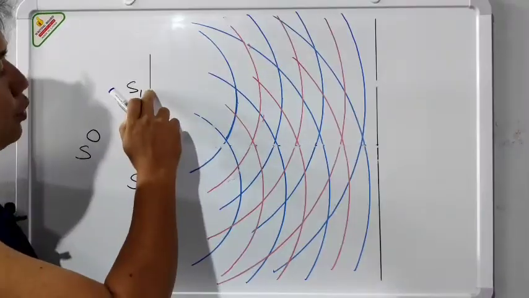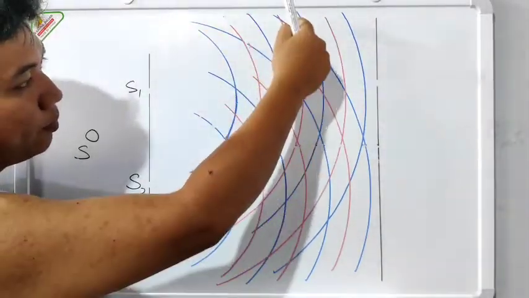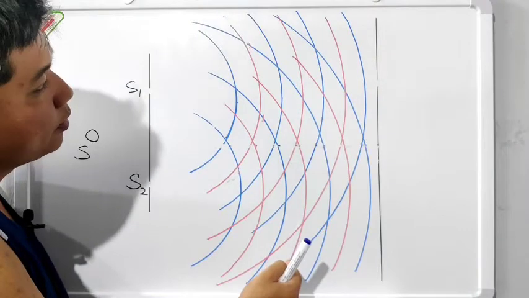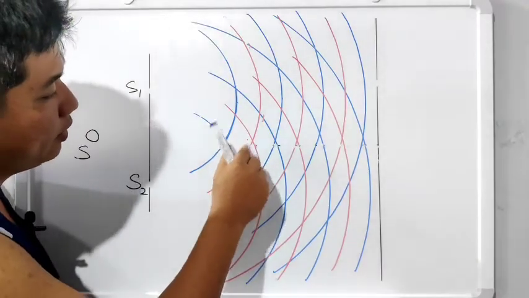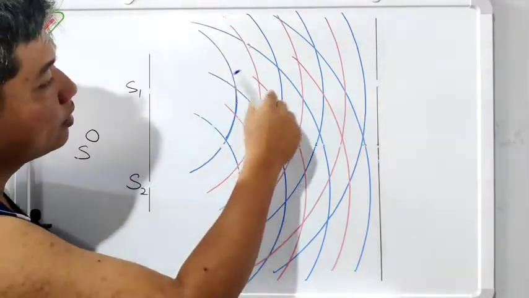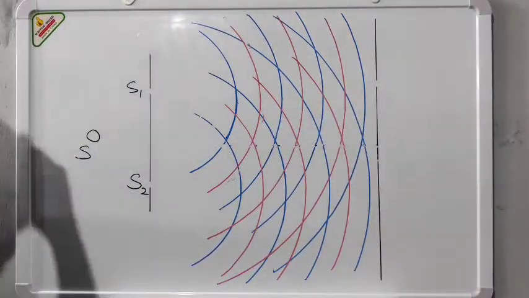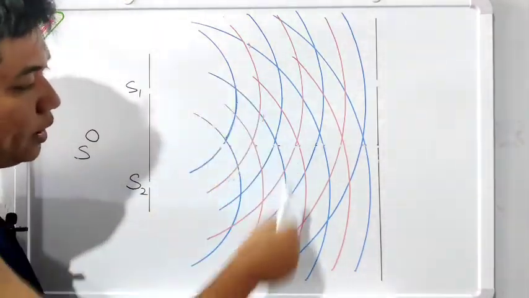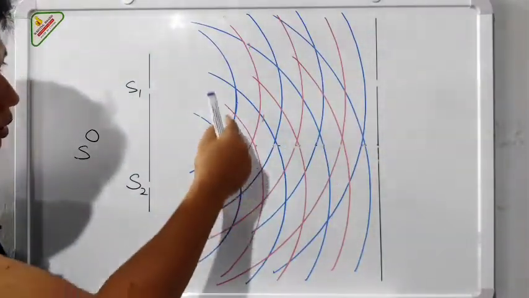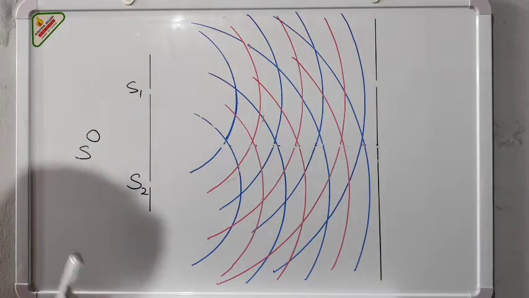Let us consider S1 produces a wave in such a way that the blue lines indicate the position of the maxima, and the red lines indicate the position of the minima. Even for source 2, blue lines indicate the position of maxima and the red lines indicate the position of minima. Maxima are peaks and minima are troughs.